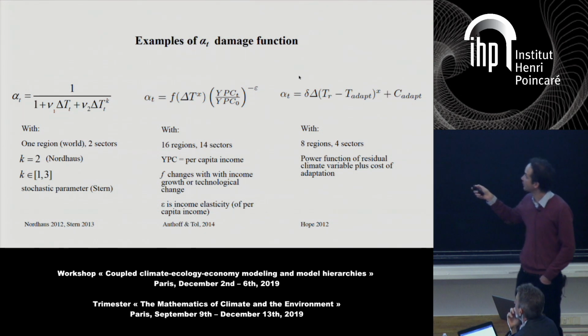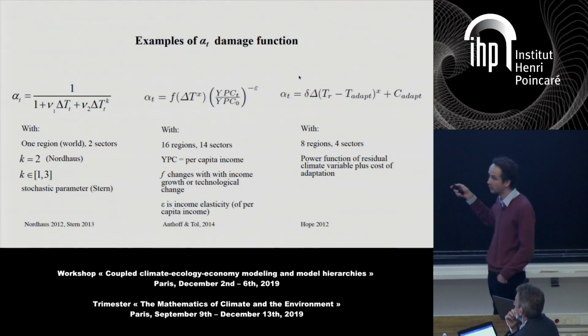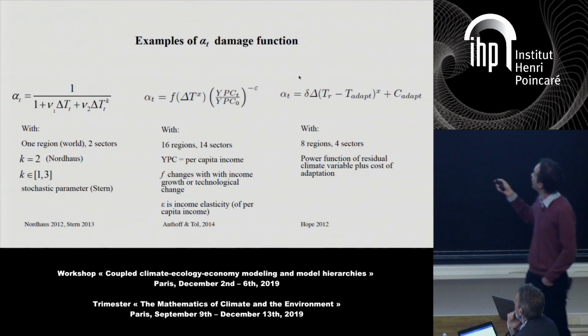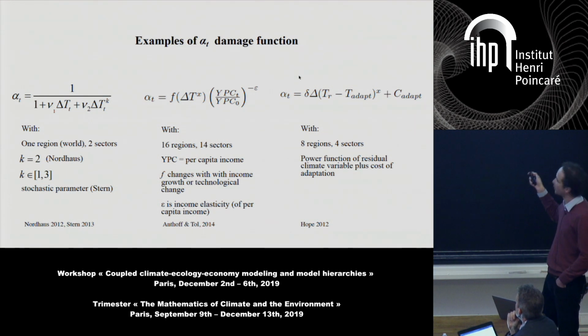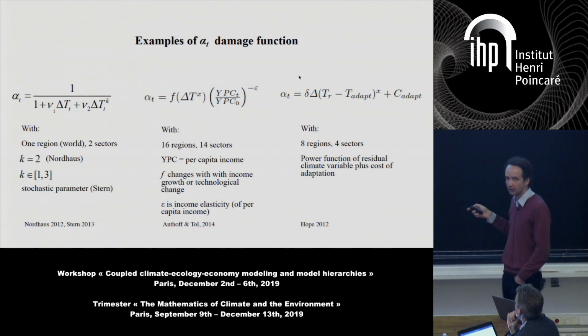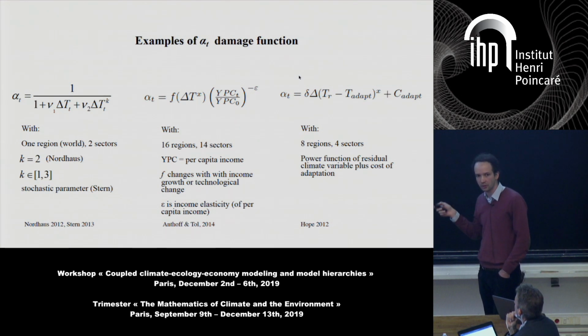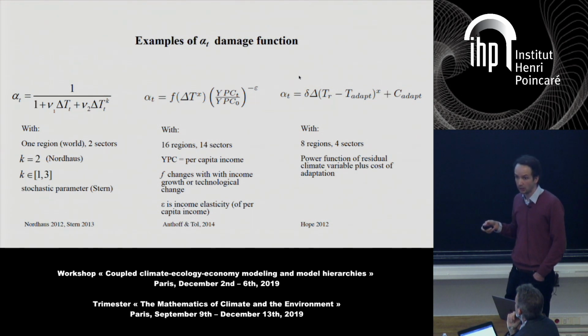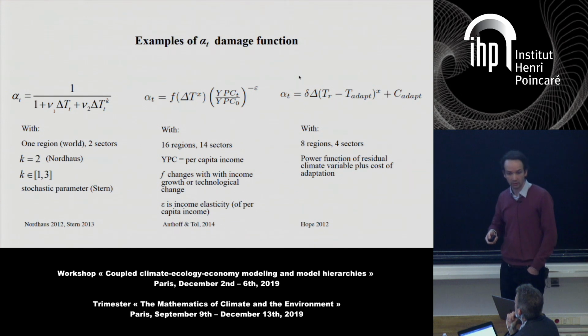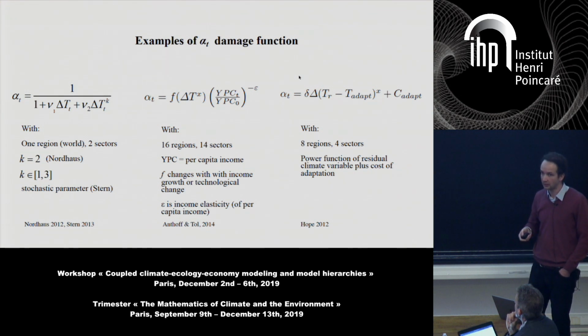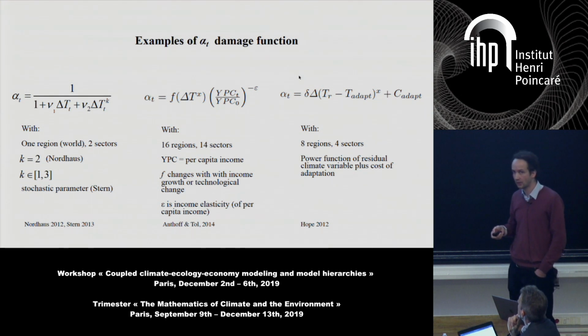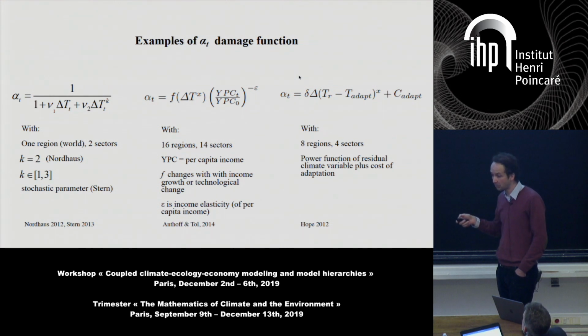So in the case of Stern, it's a stochastic parameter that varies between 1 and 3, and Nordhaus decides that it's quadratic. There are various variations of this damage function that have been proposed in a number of other studies. It's becoming a richer and richer literature, where Tim is contributing, of course, by embedding the impacts of the presence of tipping points.